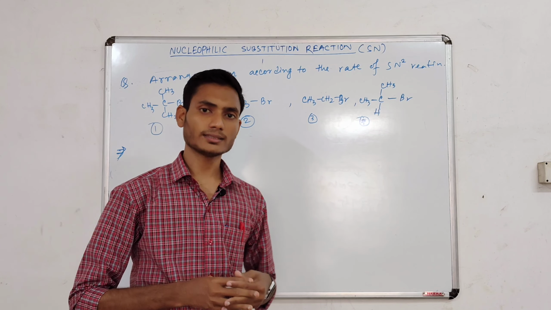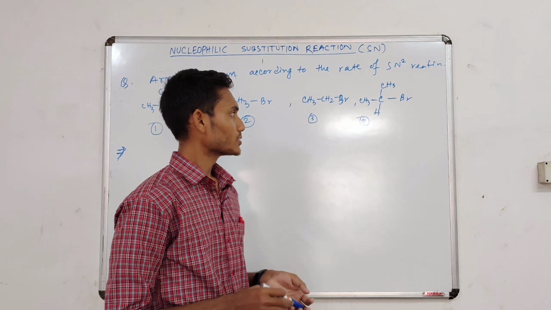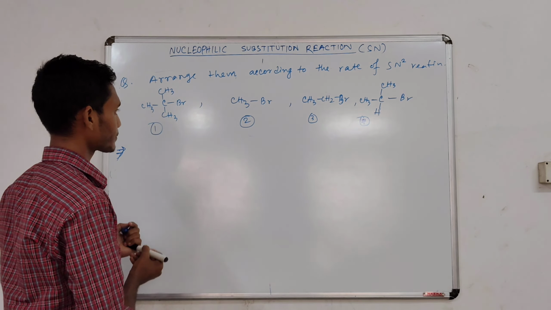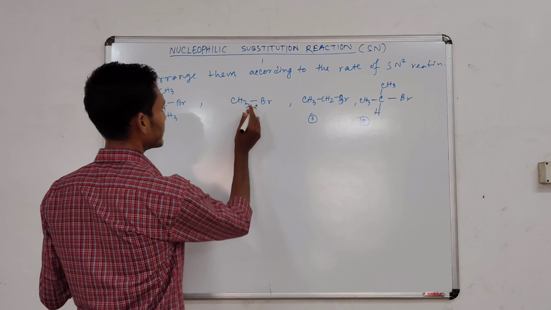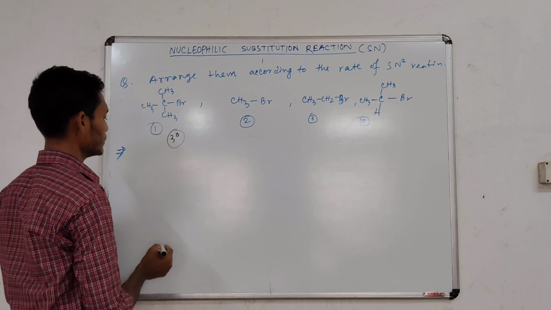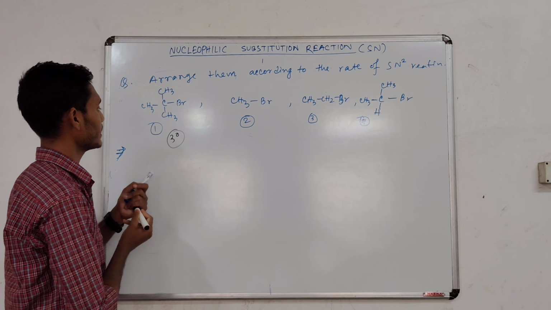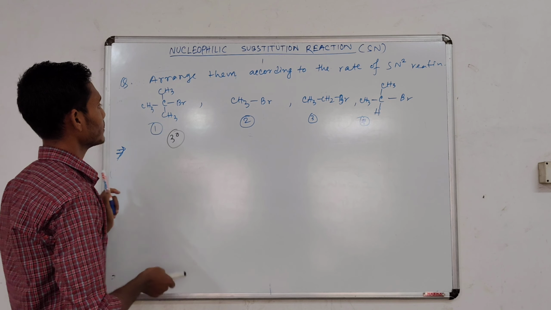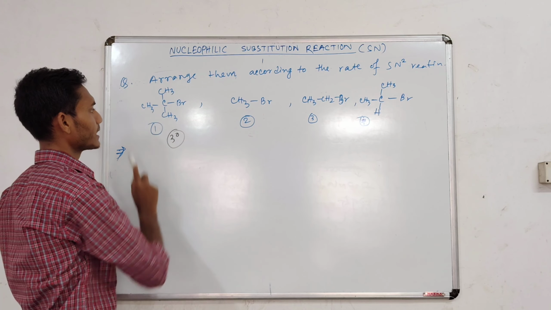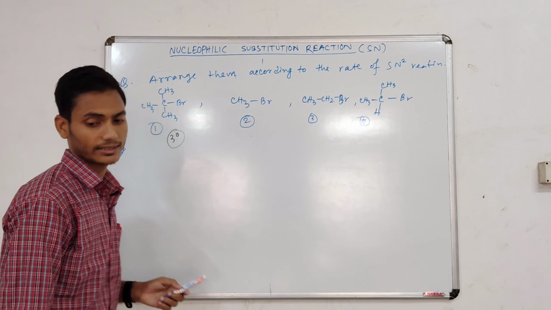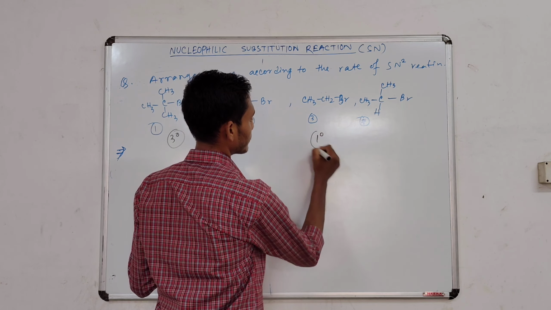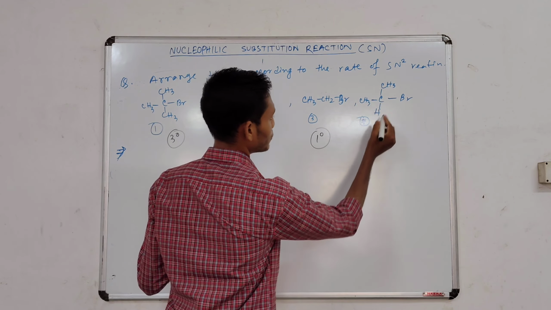How can we write the answer to this question? Here you can see that it is a 3-degree haloalkane. How can you tell that it is a 3-degree haloalkane? The carbon attached with bromine is also attached with 3 other carbons, so it is 3-degree, and this one is a 1-degree haloalkane and this is a 2-degree.